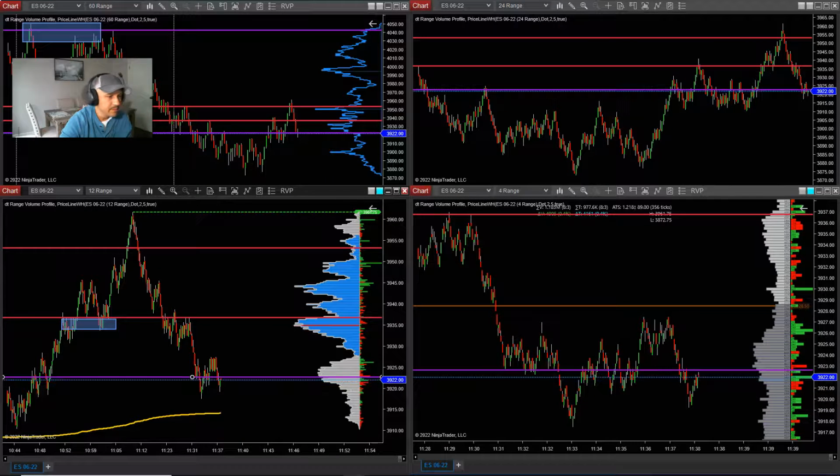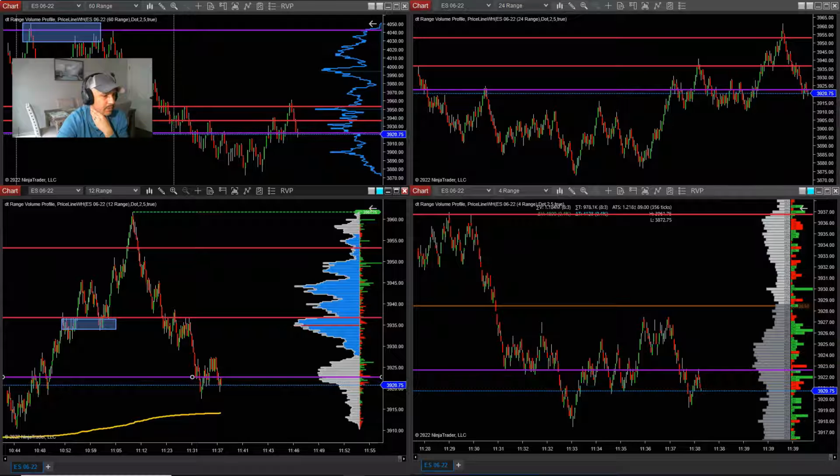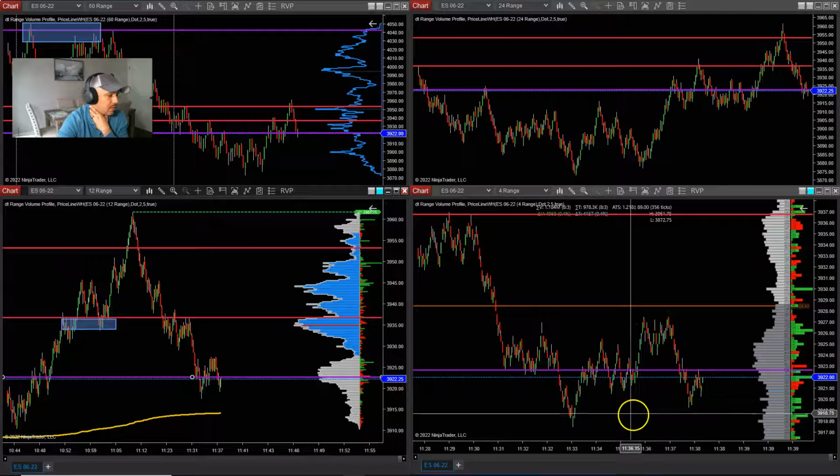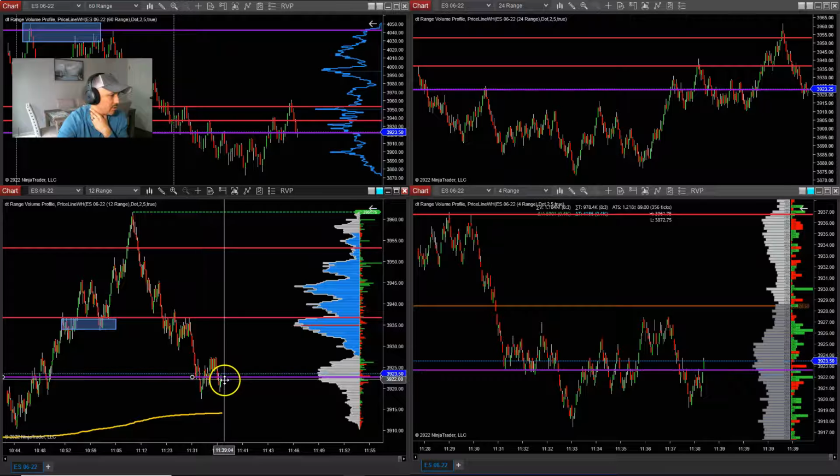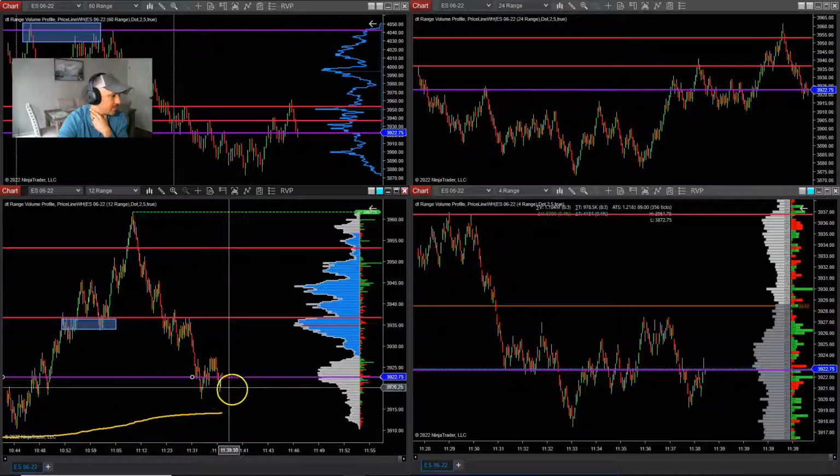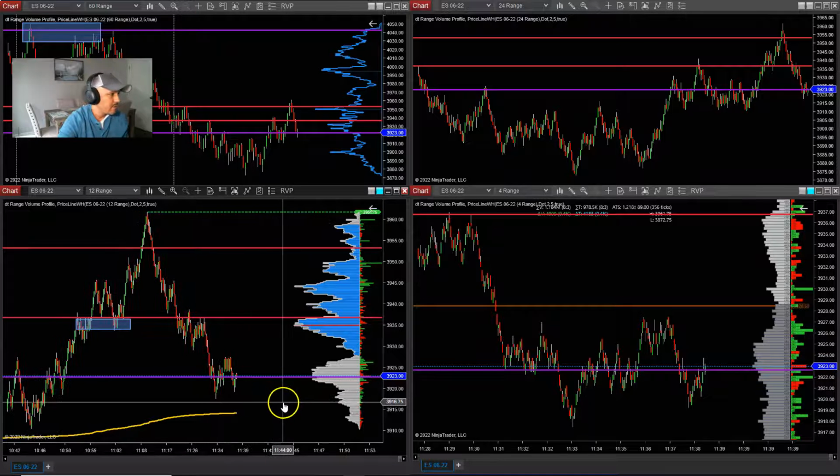Yes, sir. Let's see. Okay, went short again, right here. But yeah, it broke below that purple line. You can go short. I knew that. It's okay.